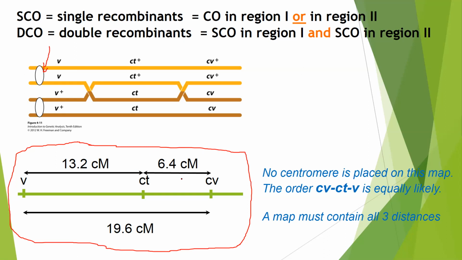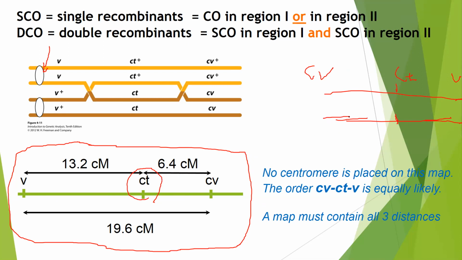So you just put the 3 genes in this way or in another way. As long as you put CT in the middle, that's the correct answer. If you give me these results or another arrangement with CT in the middle, but CV on the left and V on the right, that's okay. They are equally good, so you can get the credit.